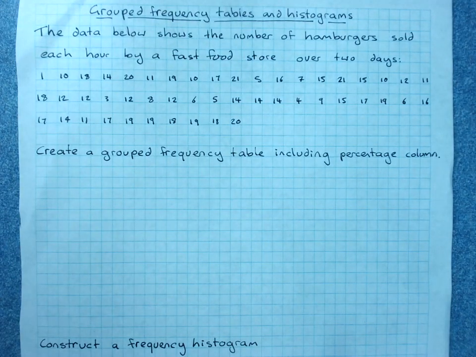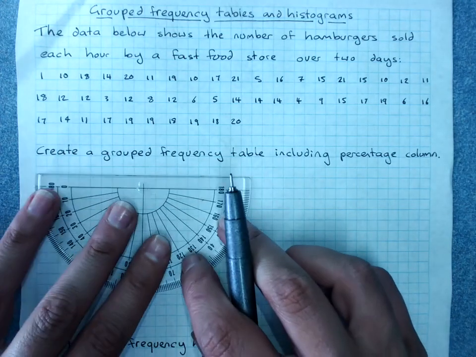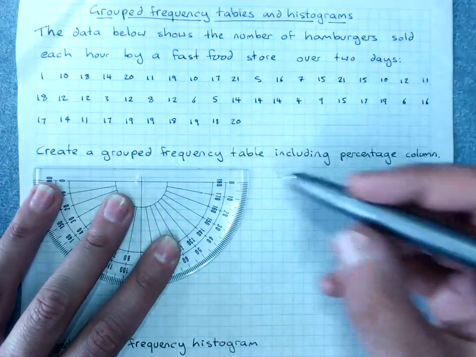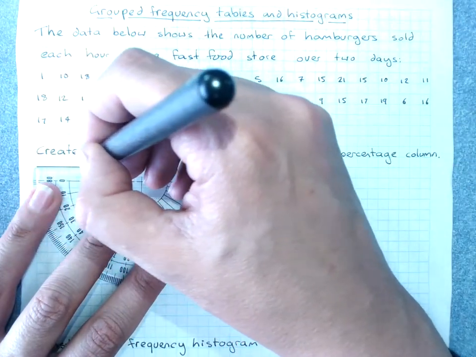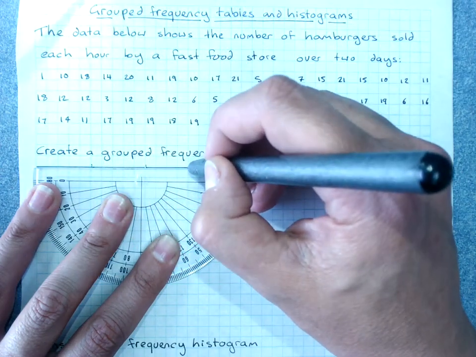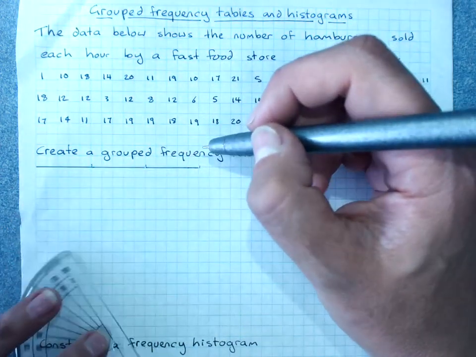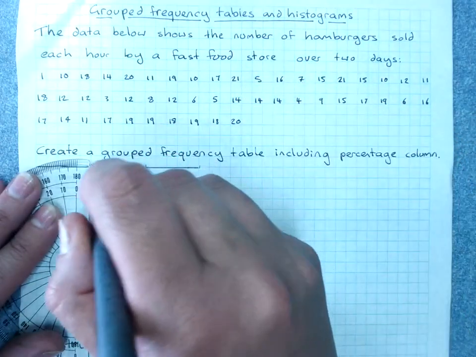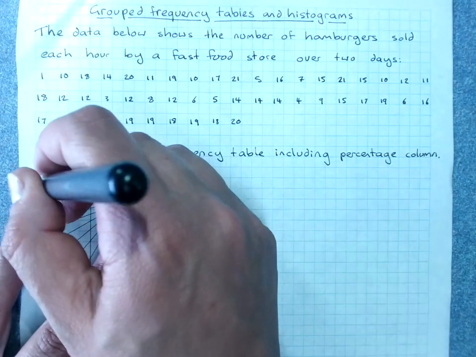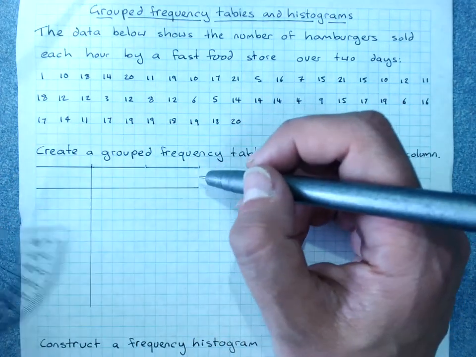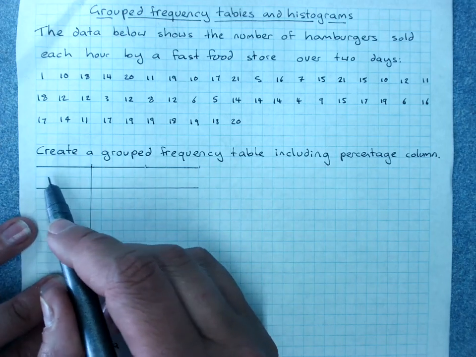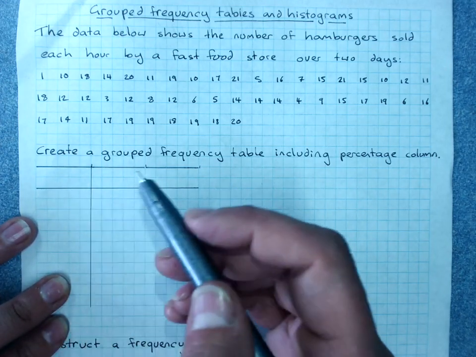So when you create a grouped frequency table, now they would also like a percentage column, so we'll put that in. We'll have 3 columns here. Please use a ruler. And instead of X or score, we would usually give class or sometimes class interval.